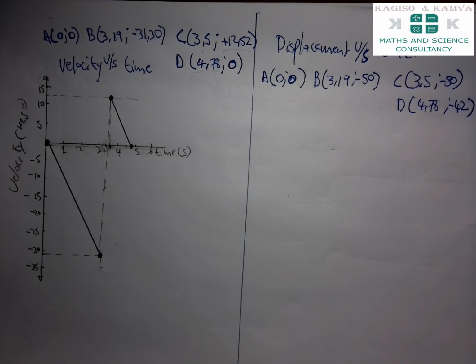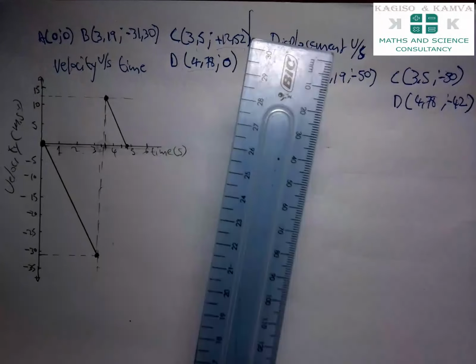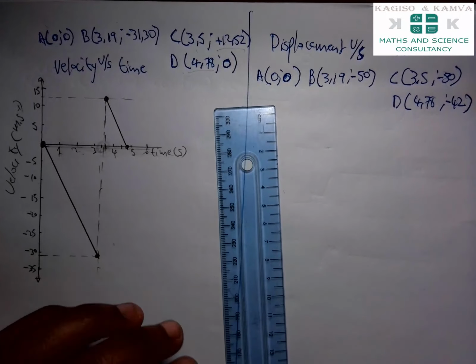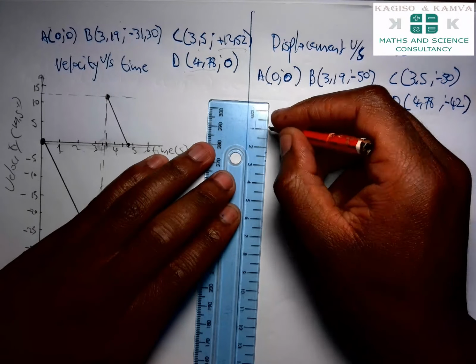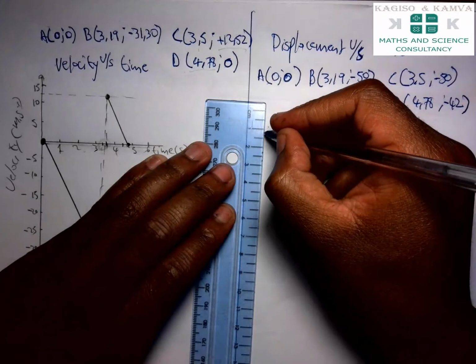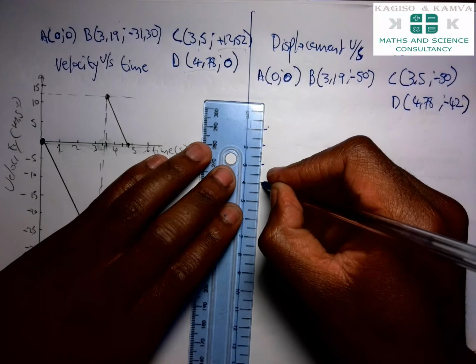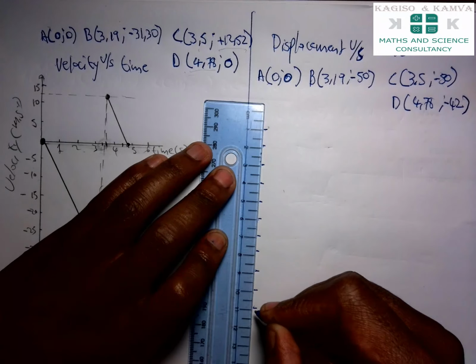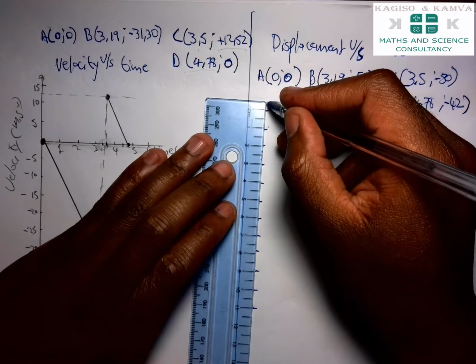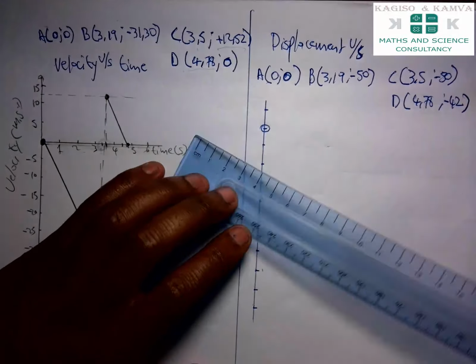Now come to our graph, and we say, okay, how do we plot this? This is going to be 0, 1, 2, 3, 4, 5, 6, 7, 8, 9, 10. Then 0 there.